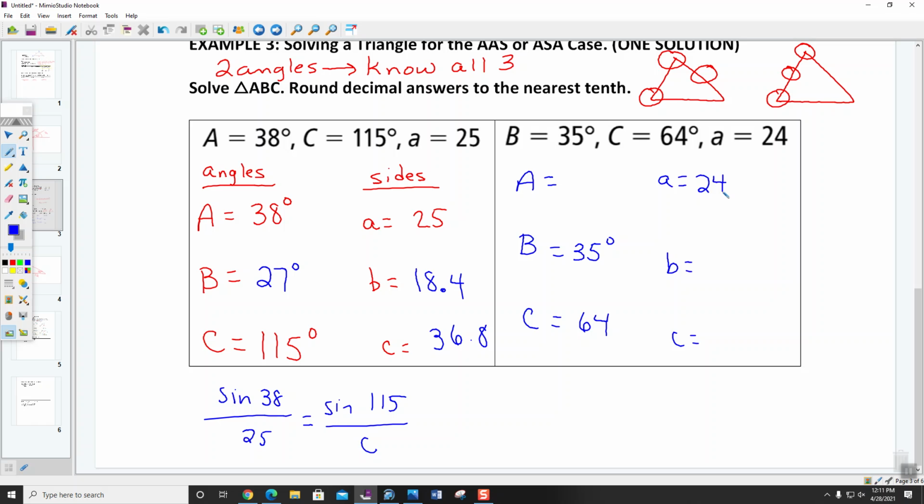What did you guys get for angle A, by the way? 81. 81 degrees.